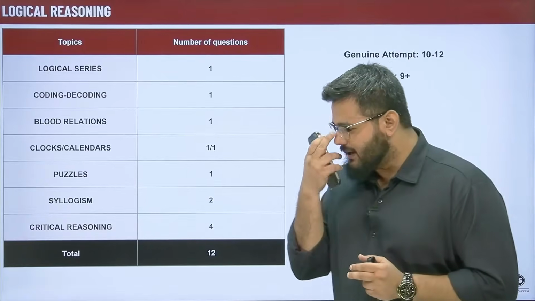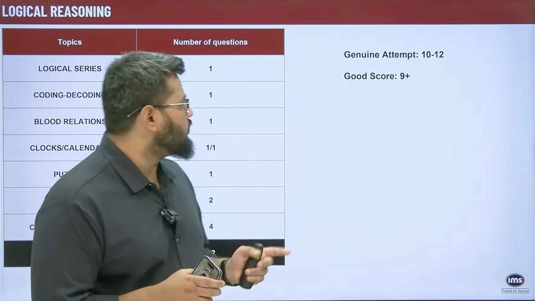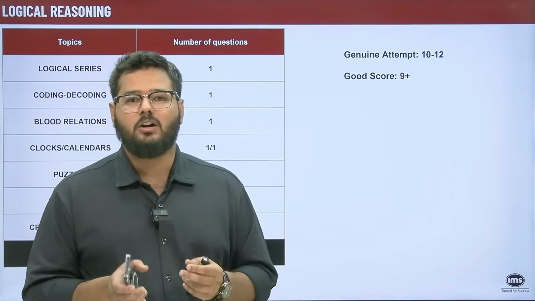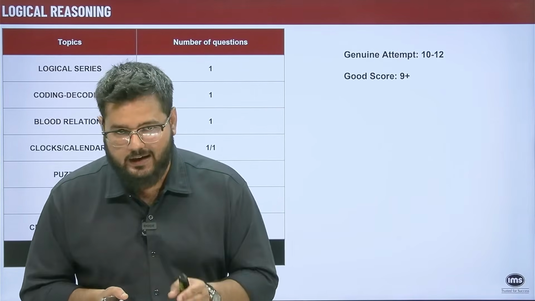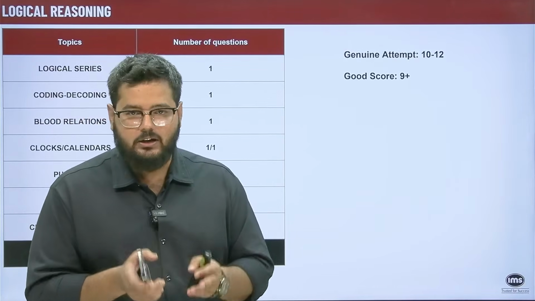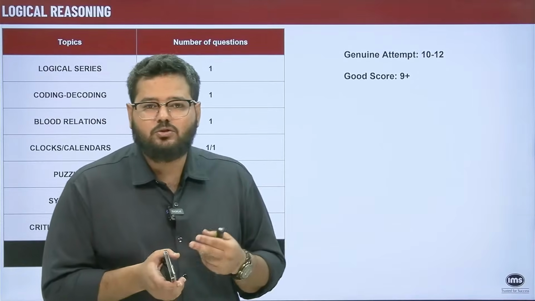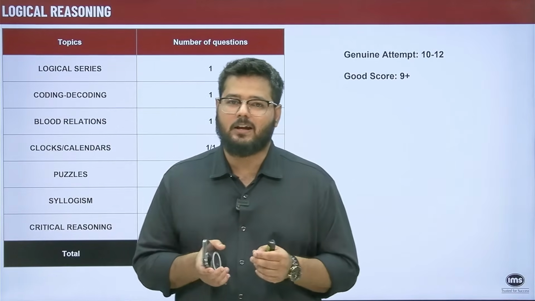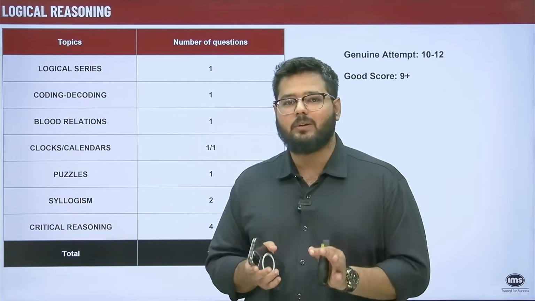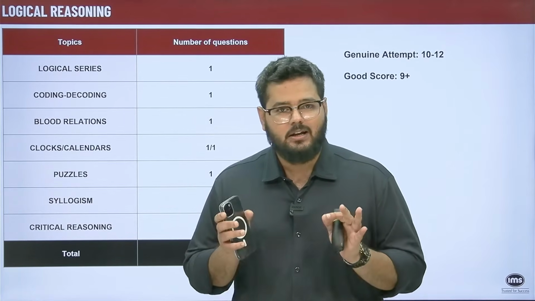According to me, a student who is good in LR and prepared nicely for an exam like NPAT should not have trouble attempting 10 to 12 questions genuinely, so that the student can score at least 9 marks in this section. I feel 10 to 12 genuine attempts could be a good attempt for a section like this.